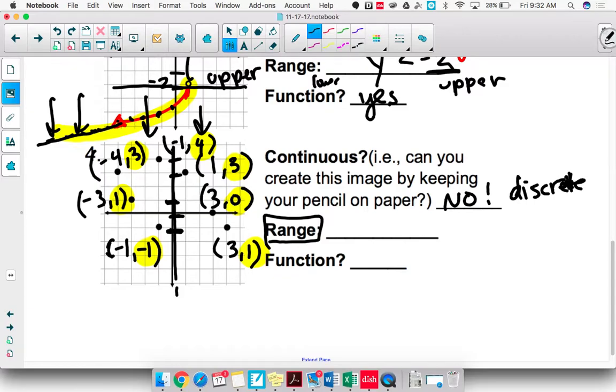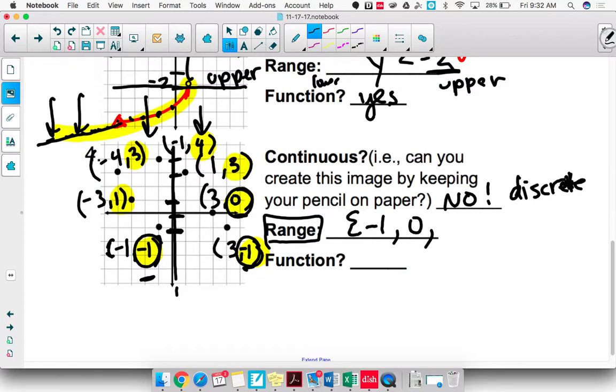So our range is, again, just going to be the list of the y values from small to big. I'm going to start here with the smallest one at -1. There's another -1, but we don't have to list it twice. So now I'm going to go to my 0. I'm just going to circle them after I use them.